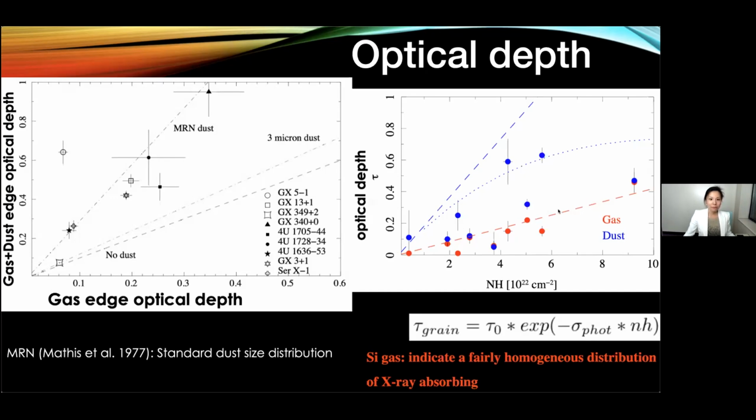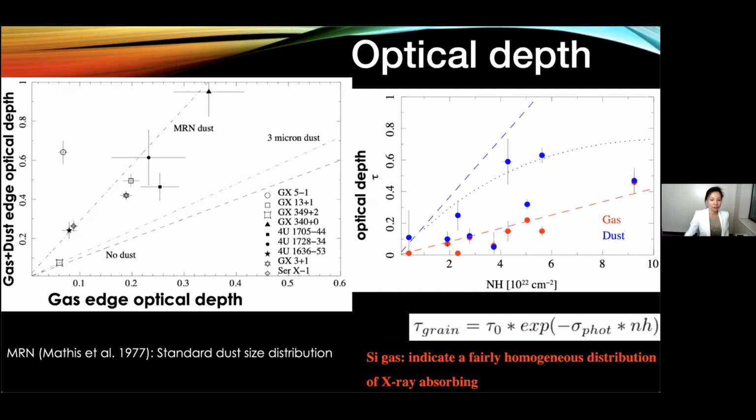You can see the gas optical depths are linearly correlated with hydrogen column density, but the dust optical depths are not. This blue dotted curve can be expressed in this formula. This result tells us the silicon gas is fairly homogeneous in different directions, and the dust is not.